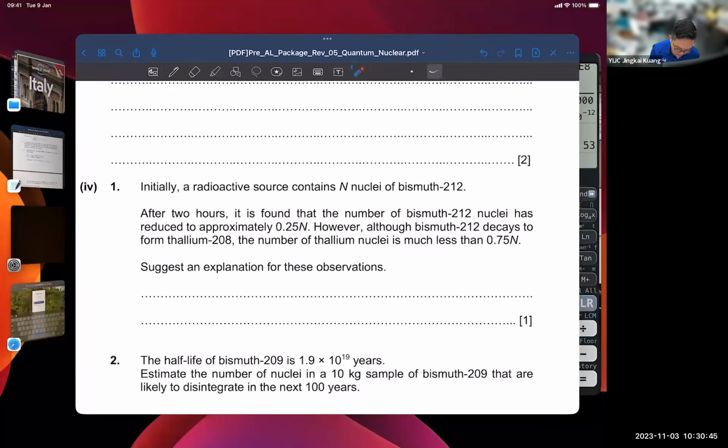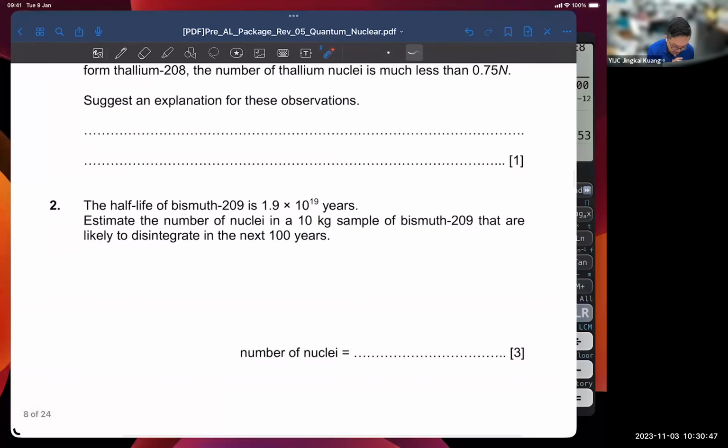All right, next. The calculation for this one is quite straightforward. You can work out the number of nuclei first. You want to work out N naught first. So N naught is the mass divided by molar mass multiplied by Avogadro's number.